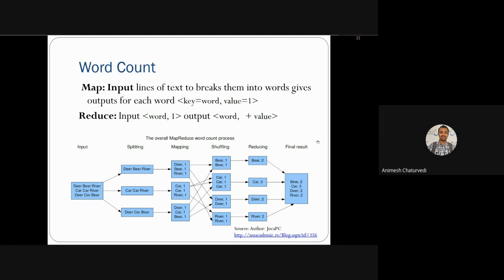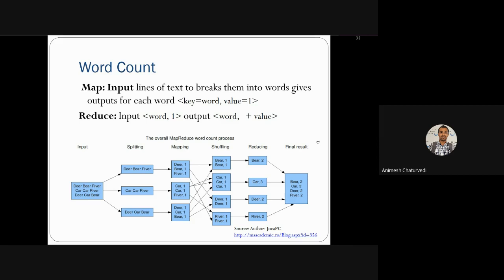Then deer is merged from split 1 and split 3. Then river is merged from split 1 and split 2.